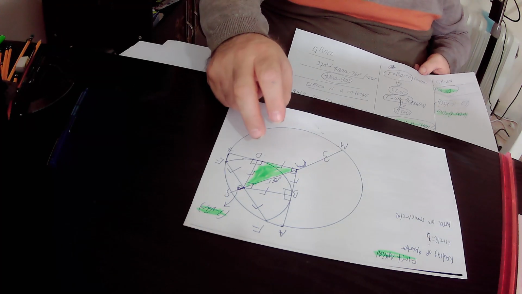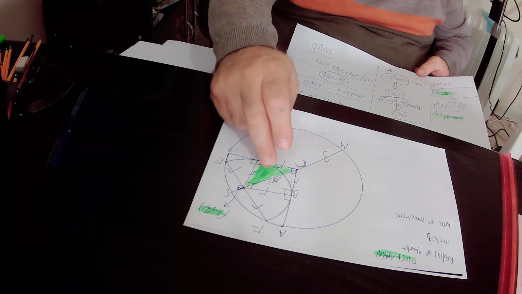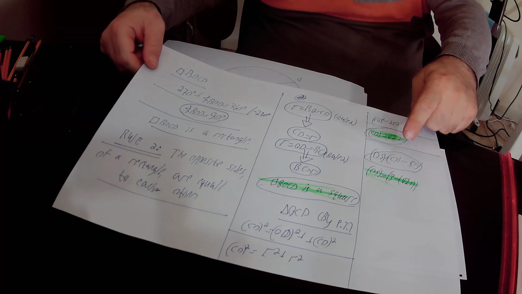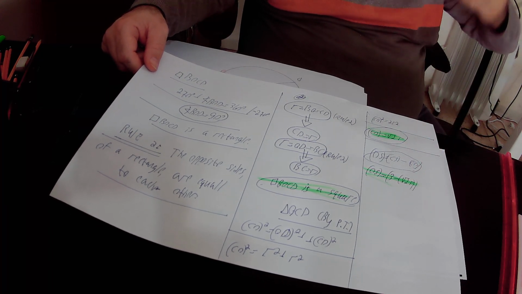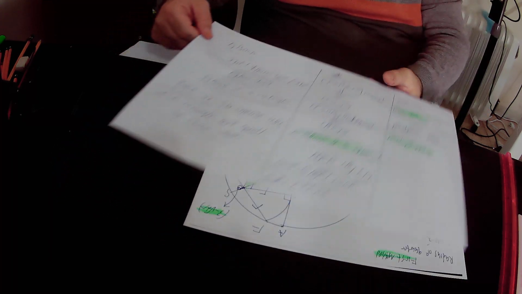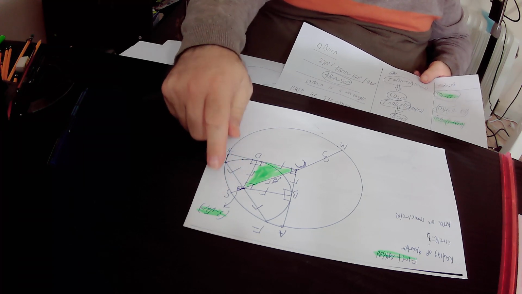And CO, we already found, the diagonal CO of square BOCD, equals the square root of 2 times R. So we substituted CS by 3 and CO by the square root of 2 times R, and we got that the length of the small line segment OS is equal to 3 minus the square root of 2 times R. Here, this line segment OS equals 3 minus the square root of 2 times R.